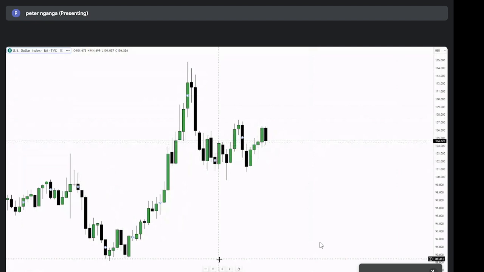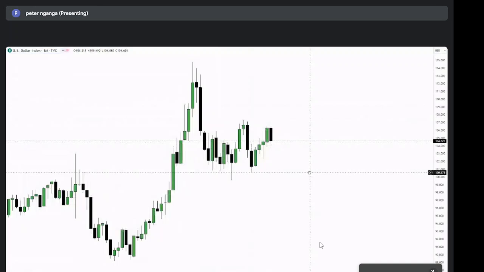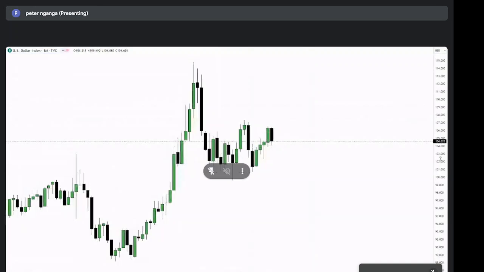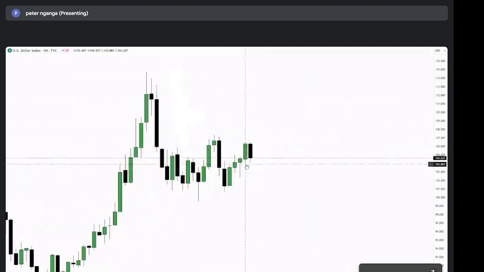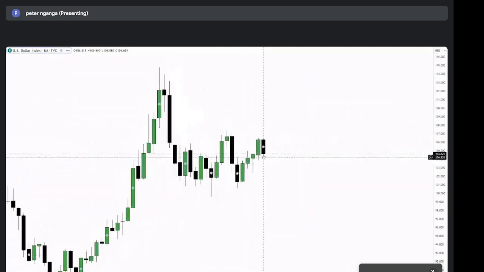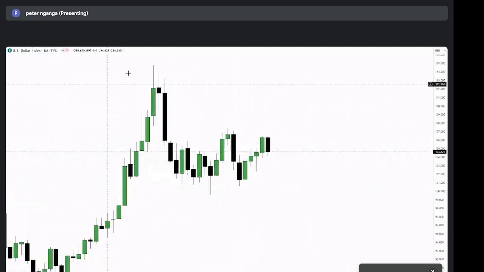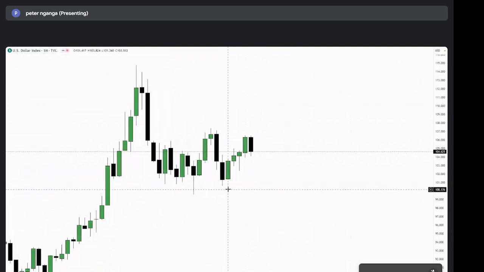Now, looking at the dollar, this being a monthly chart, let me bring this price action. Looking at the dollar, I can see in monthly that we have had a few consecutive months that have been bullish.